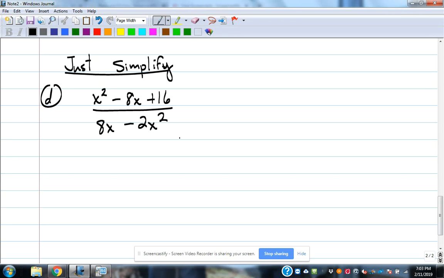You have to put it in order first. Okay, good. That's not in order, so I'm going to rewrite that. And then do the factoring.